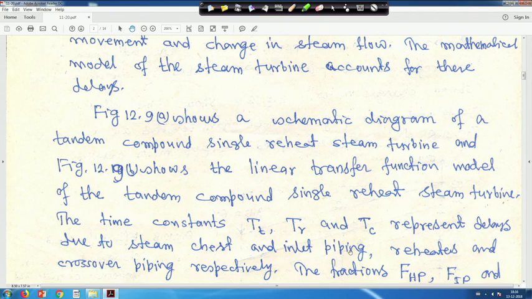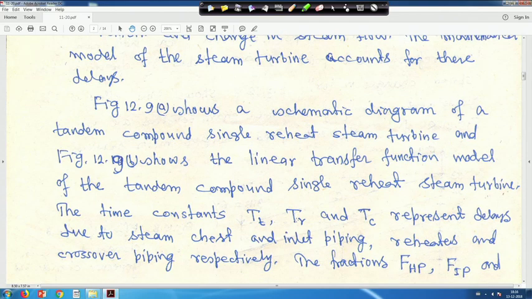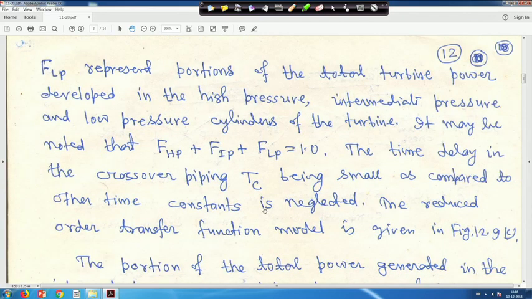The fractions FHP, FIP and FLP represent portions of the total turbine power developed in the high pressure, intermediate pressure and low pressure cylinders of the turbine, right. It may be noted that FHP plus FIP plus FLP is equal to 1.0, right.